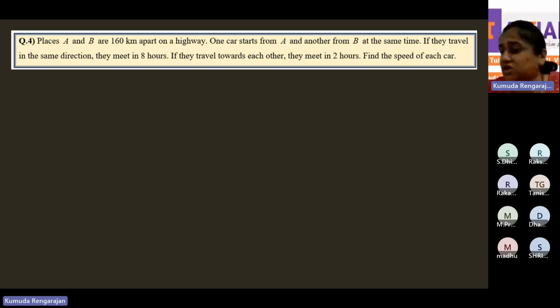If they travel towards each other, they meet in 2 hours. Find the speed of each car. Got it?